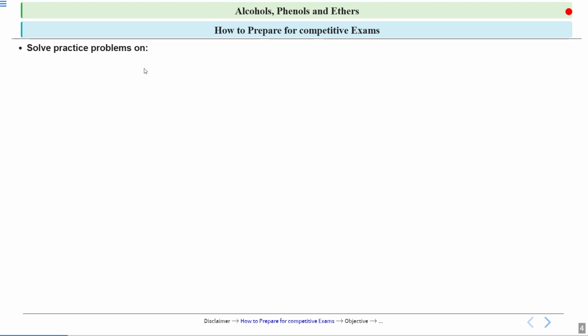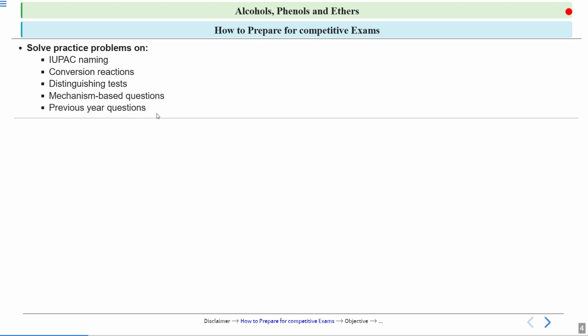Solve practice problems on topics like IUPAC naming, conversion reactions, distinguishing tests, mechanism based questions, and previous year questions.